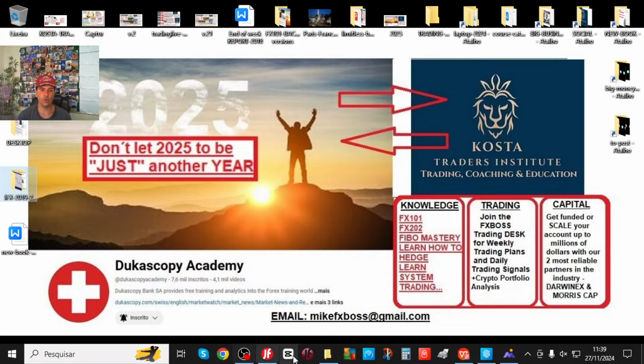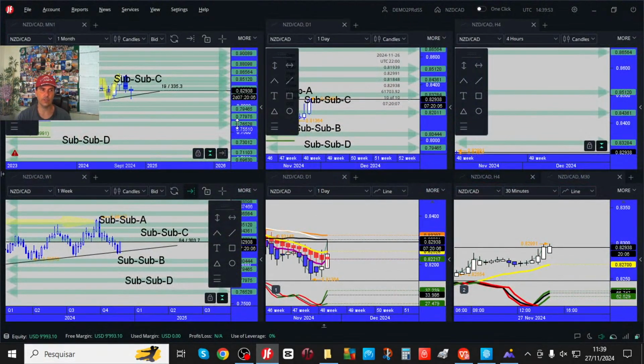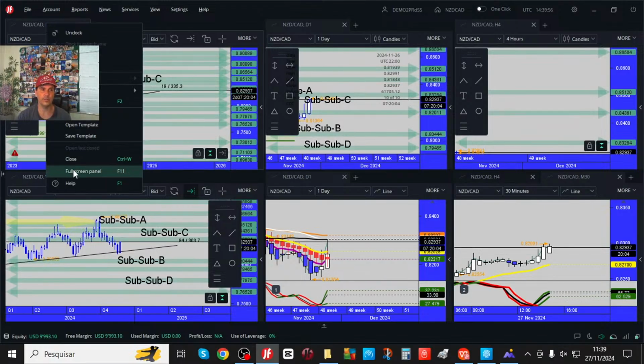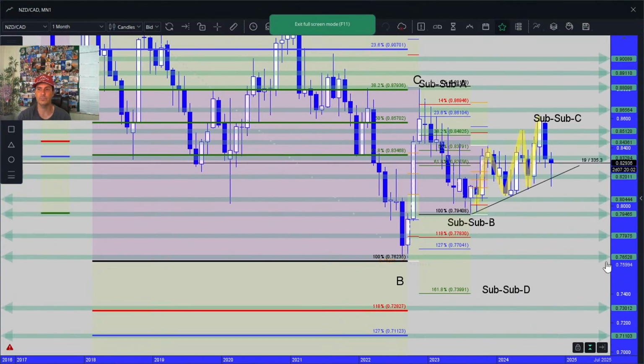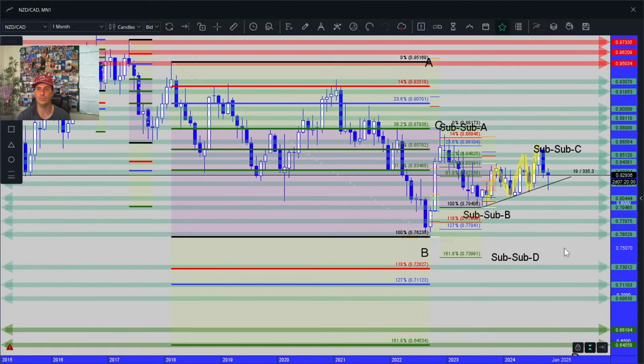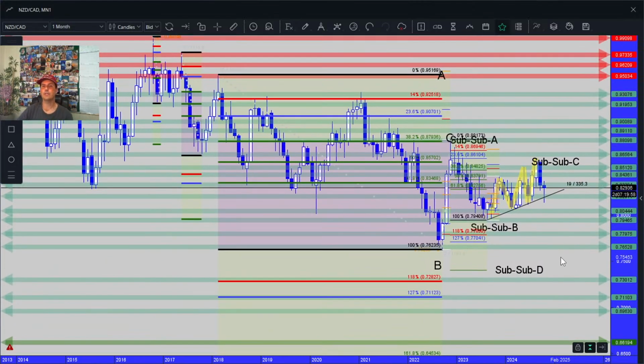Okay, everybody, homework: build your charts with the Fibonacci, build your charts with the 3 Fibonaccis if you are going to trade those. Don't stress, make one currency pair per day. Start today with AUD CAD monthly, weekly, daily chart.